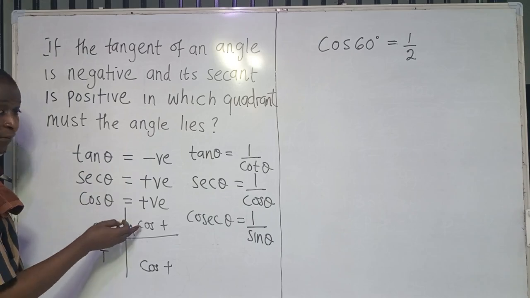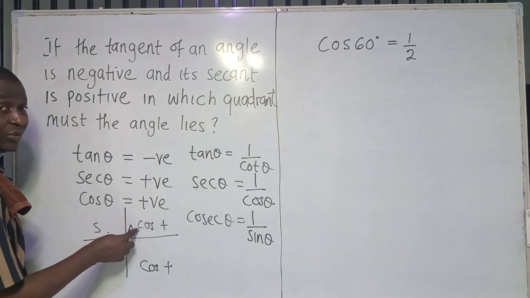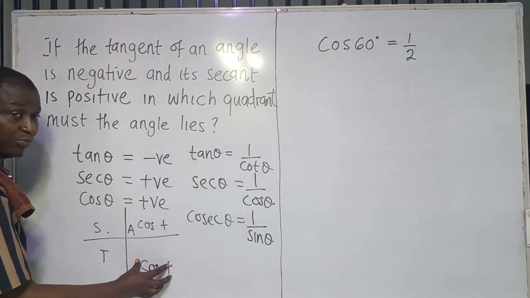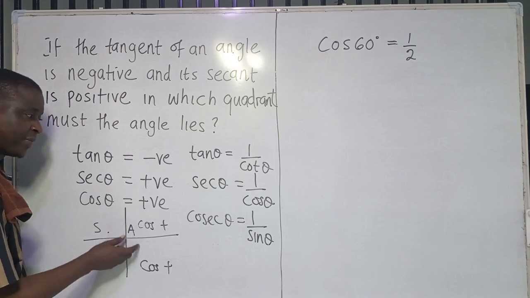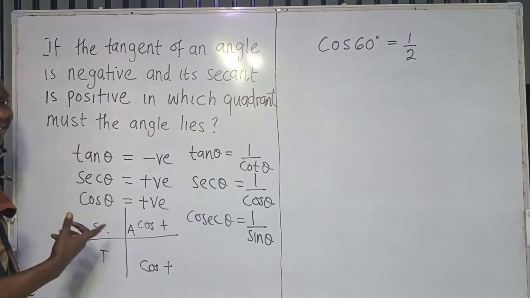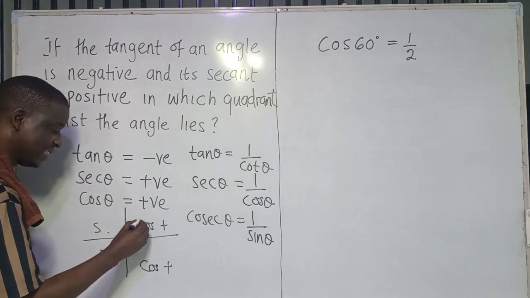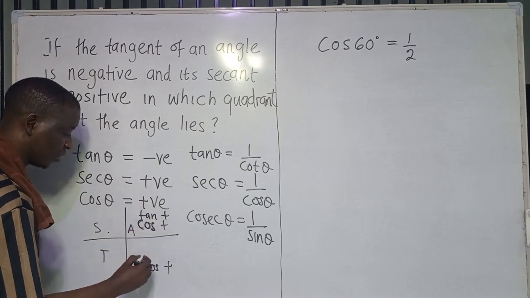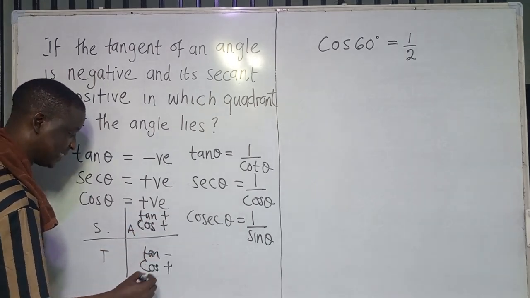Because we have 2 challenges now: in the first quadrant cos is positive, and in the fourth quadrant cos is also positive. But in which of these 2 quadrants is tan negative? Tan is positive here because all of them are positive now, but tan is negative here.